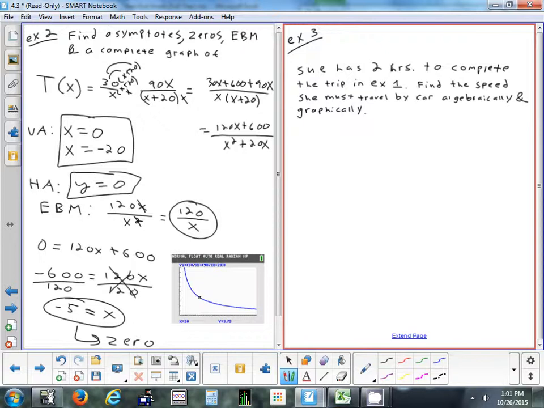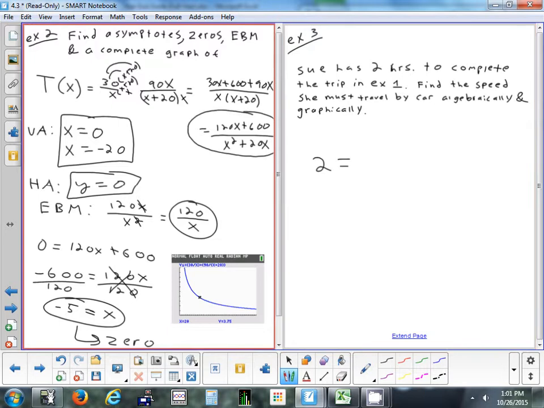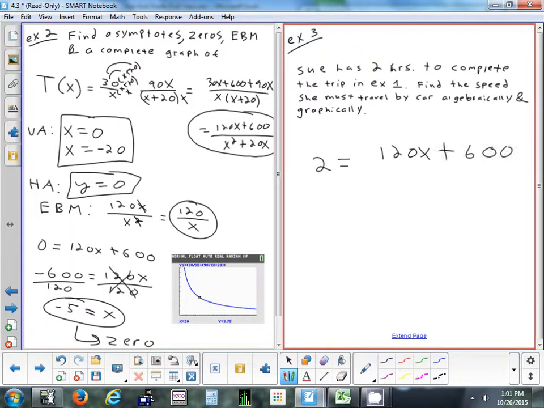Y. Yes. Y is your time, X is your speed. So I'm going to fill in 2 on the left-hand side, and I'm going to use the simplified version: 120x plus 600 over x squared plus 20x.